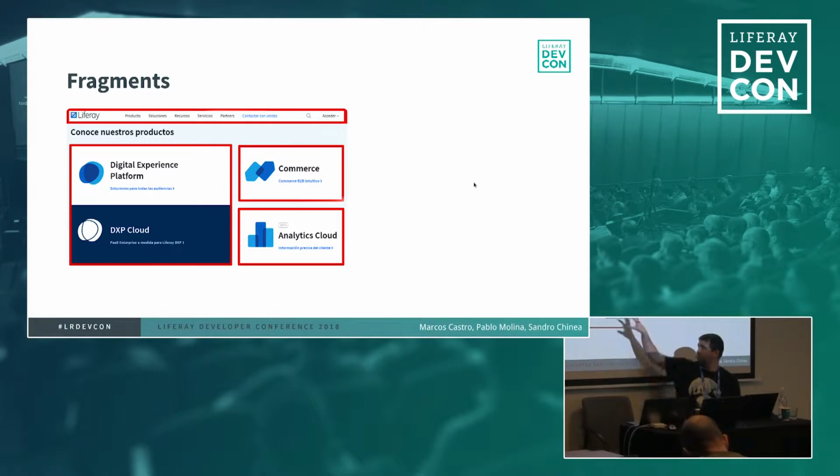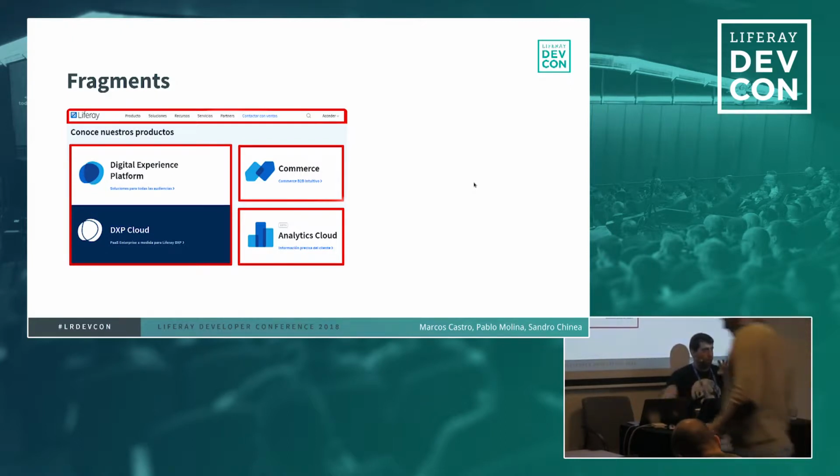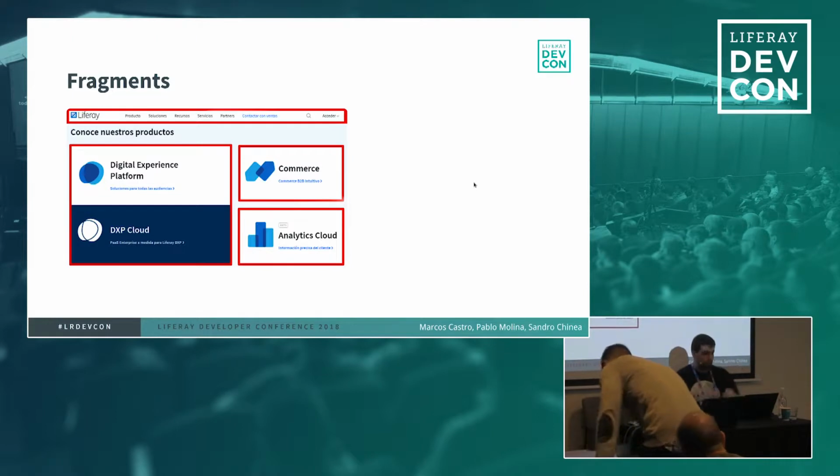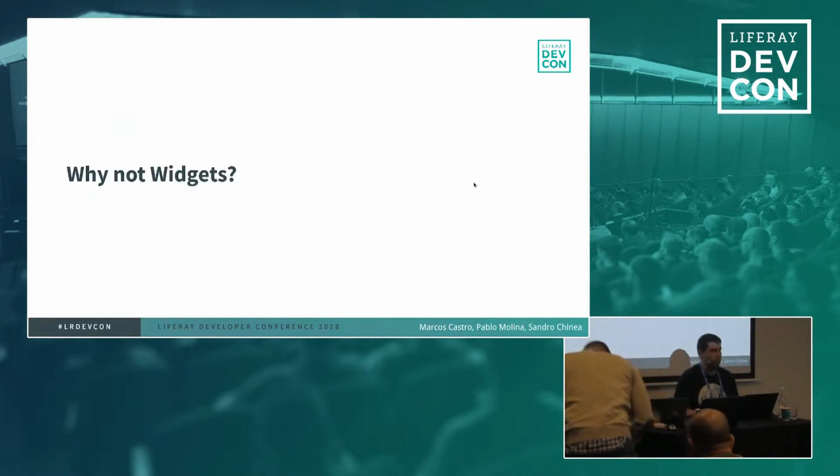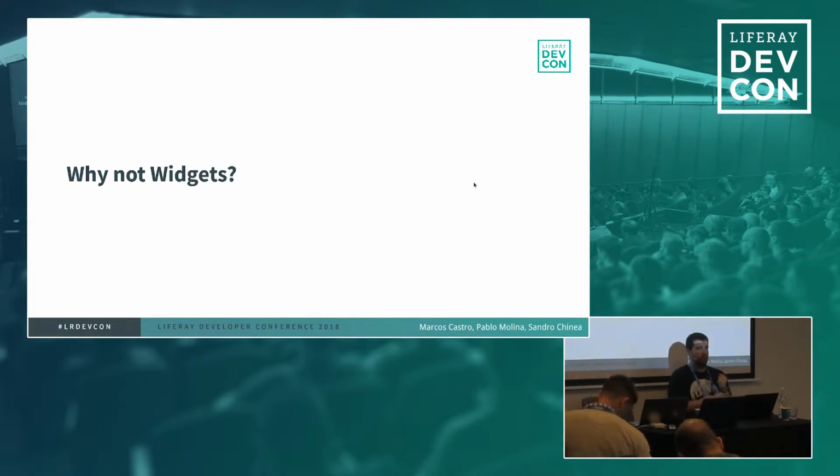So for making these parts that we are going to combine, we are going to write this code, and then a marketer will use them to create the final result. Why are we not using widgets for this? Because widgets, which are called portlets in all previous Liferay versions, are almost the same.